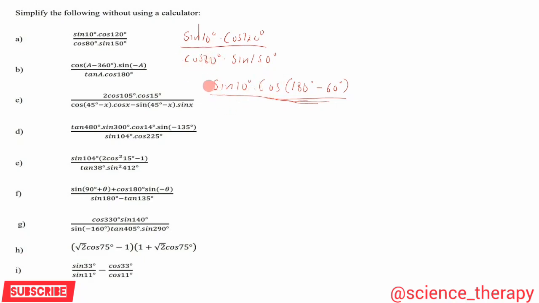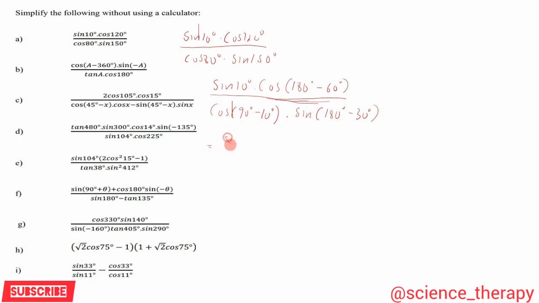Then for cos 80 degrees, I will write cos of 90 minus 10 degrees. When I write it like this, I know this will become a cofunction. And for sine 150, I can write it as 180 minus 30 degrees using our reduction formulae.